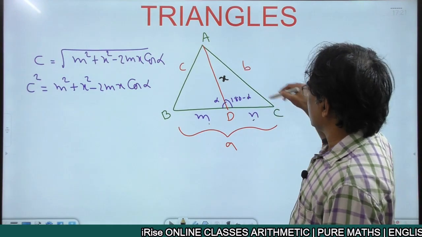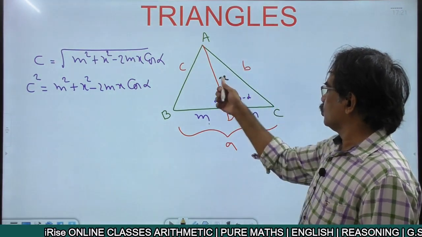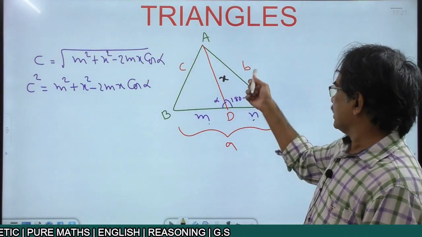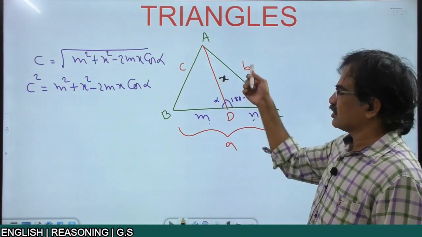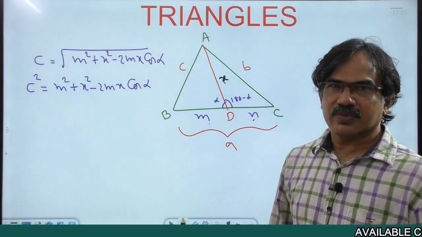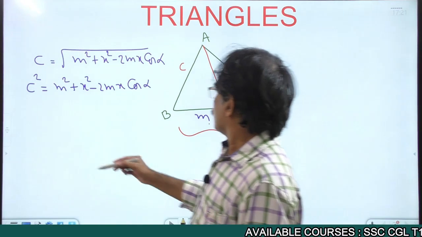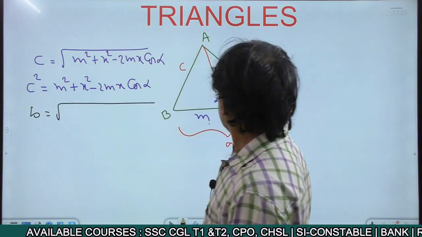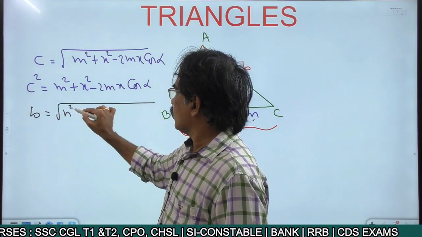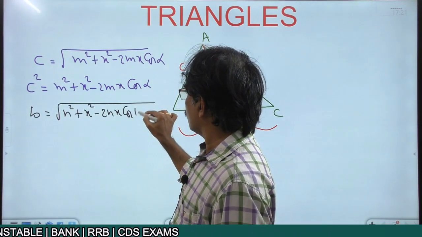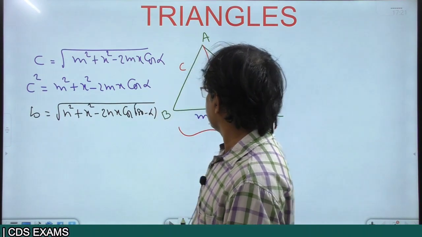Similarly, in this triangle, two sides and the included angle are given, we can find b. b is equal to root of n square plus x square minus 2nx cos(180 minus alpha).